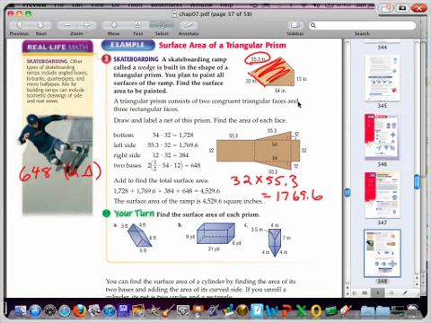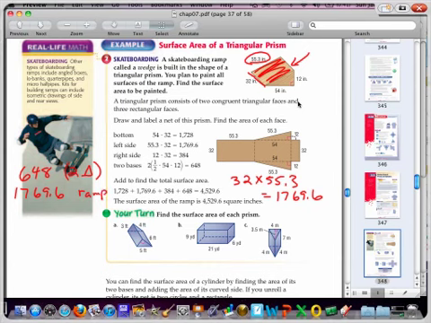Now, if we want to figure out the back side here, well, before we do that, let's move our number over here. So we've got 1,769.6. Let's call that the ramp part.